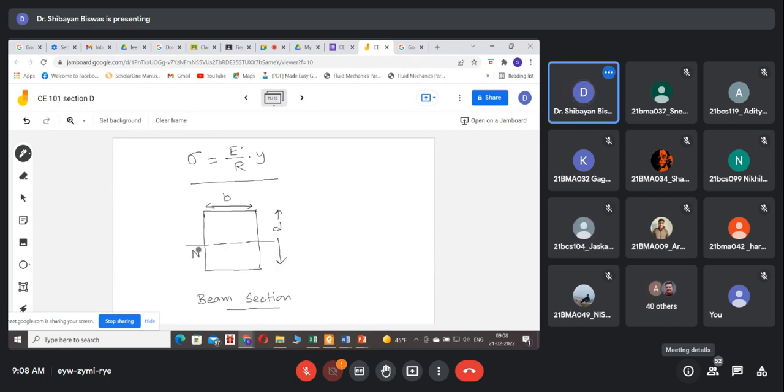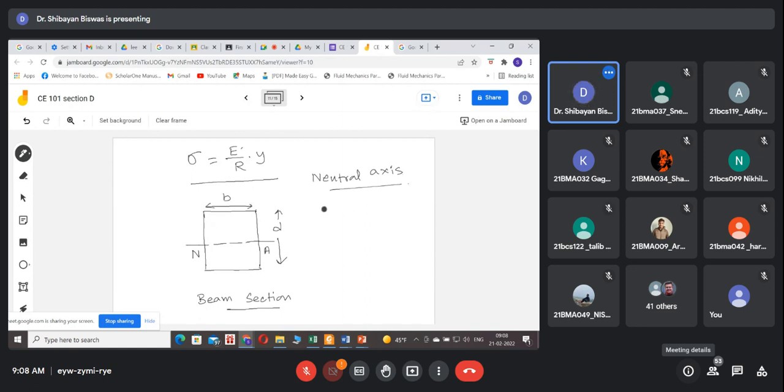Now say this layer is called NA, or neutral axis. The neutral axis of a transverse section of a beam is basically the line of intersection of the neutral layer with the transverse section.